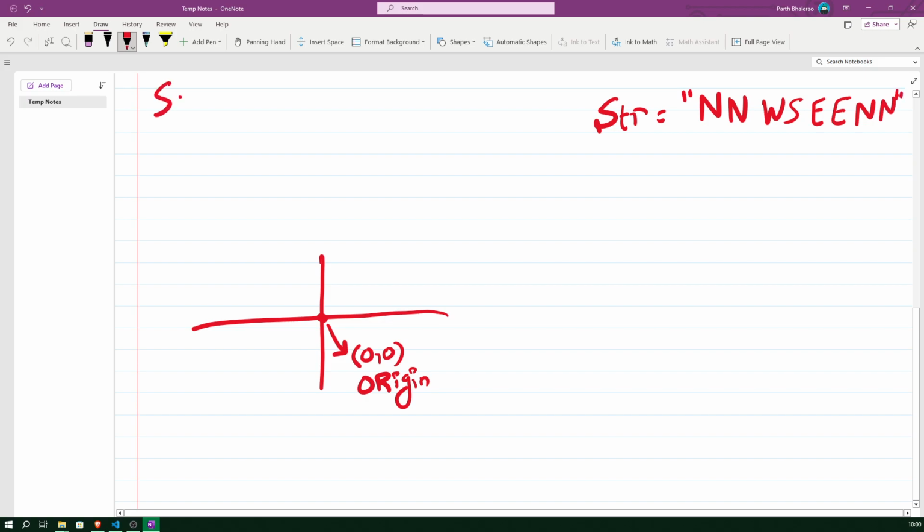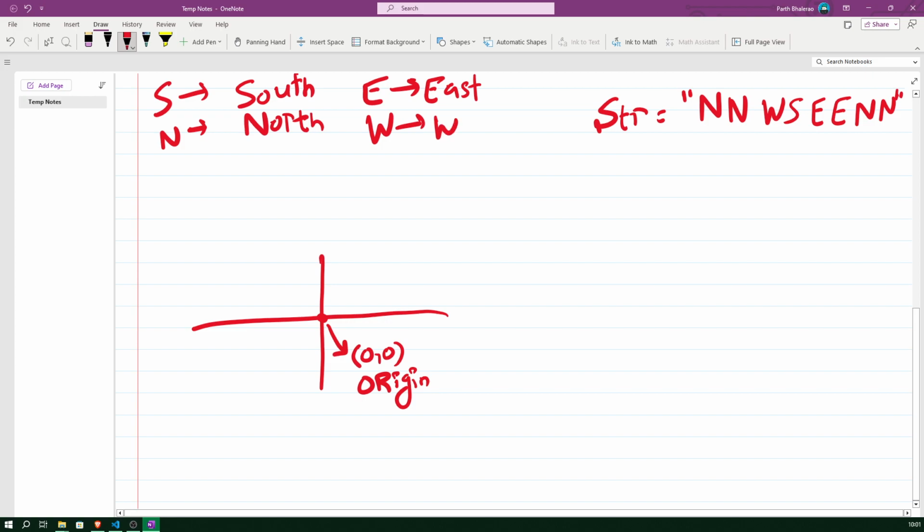S in the string stands for south, N stands for north, E stands for east, and W stands for west. As simple as that.